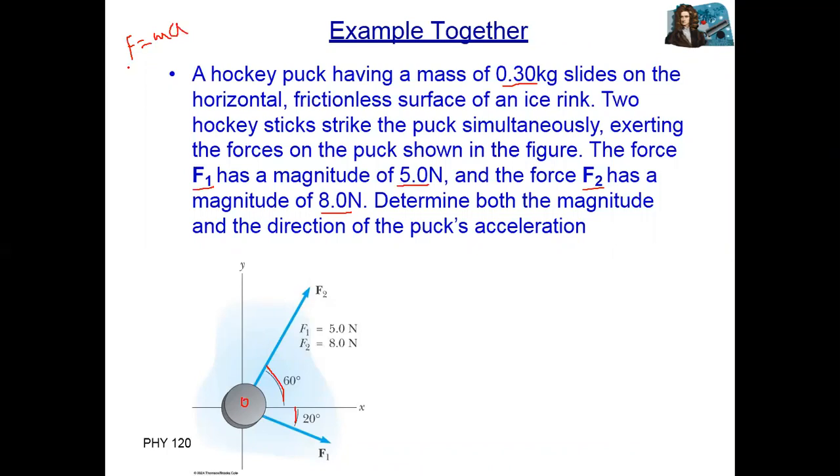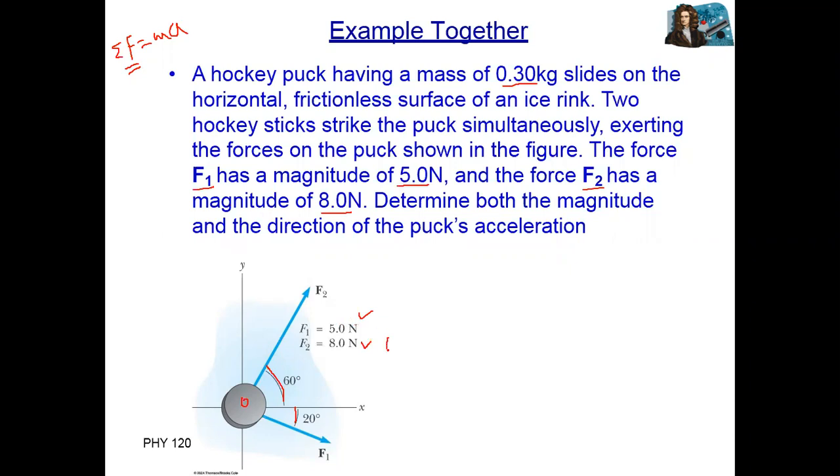But before this, we need to find the sum of all forces. How to find the sum of all forces? We need to resolve these two forces into components. For F1, this is 5 Newton, F2 is equal to 8.